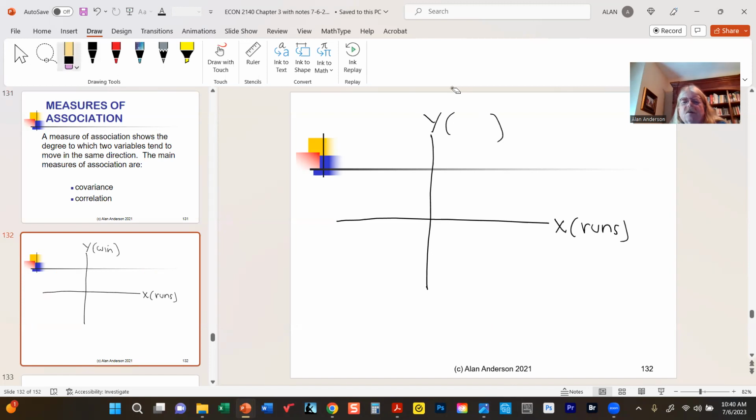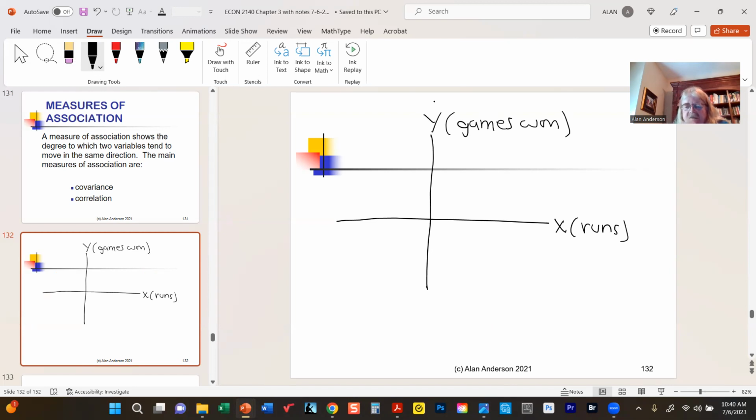Oops, games won, let's put it that way. So what we're going to do here is go back in time for a team and gather up information about how many runs they scored every year and how many games they won.